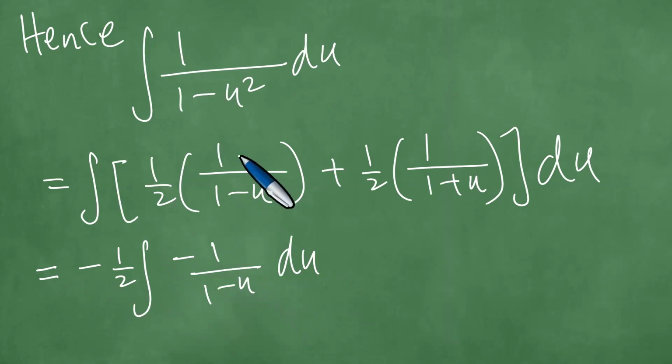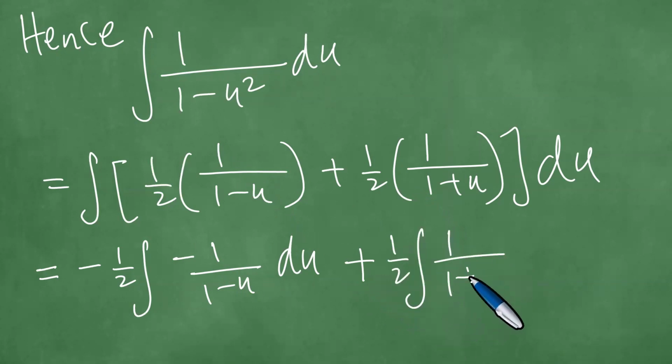This is exactly the same as that part, and with further distribution of this integral, we are able to have 1/2 times 1 over 1 plus u du. And this is very correct.